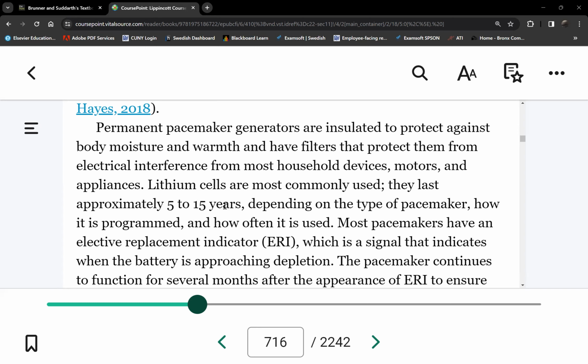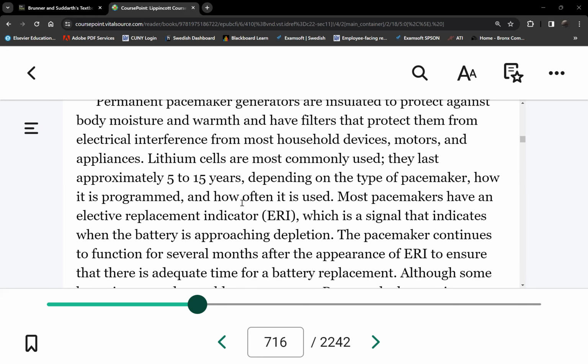But for older people, I mean, they're already 70 years old. What's the likelihood that they'll live to 85 with these cardiac problems? Probably not, right? But if it's a younger patient, then yes, they'll probably get a battery change 1, 2, or even 3 times in their lifetime.